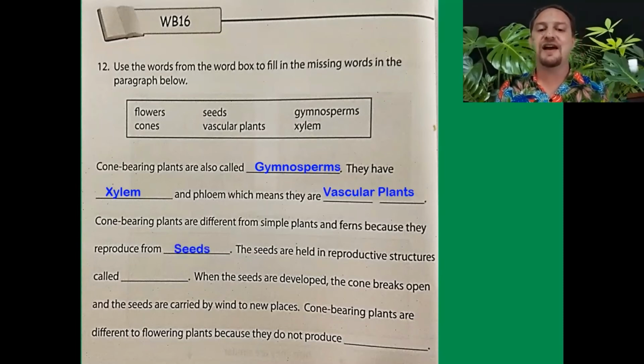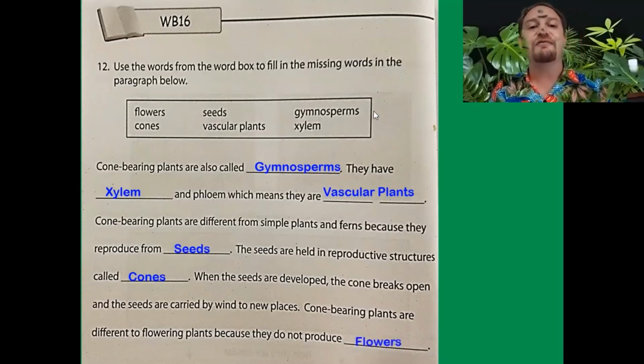The seeds are held in reproductive structures called cones. When the seeds are developed, the cones break open and the seeds are carried by wind to new places. Cone-bearing plants are different to flowering plants because they do not produce flowers. Okay, excellent.